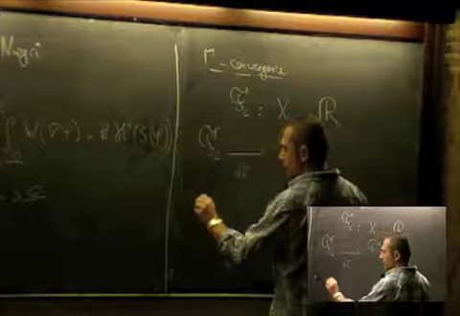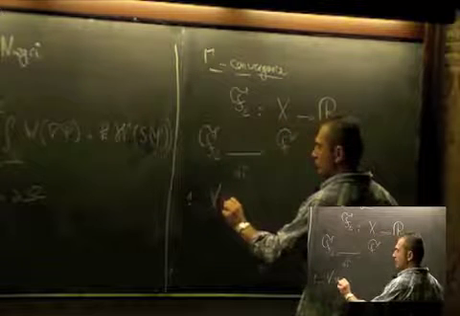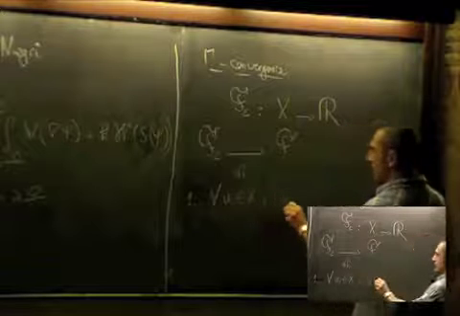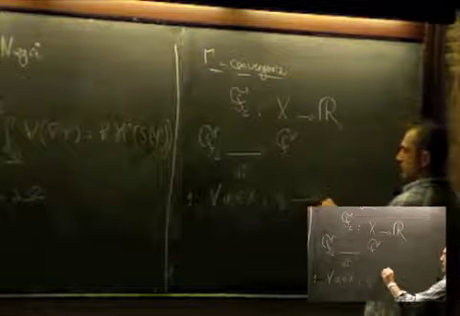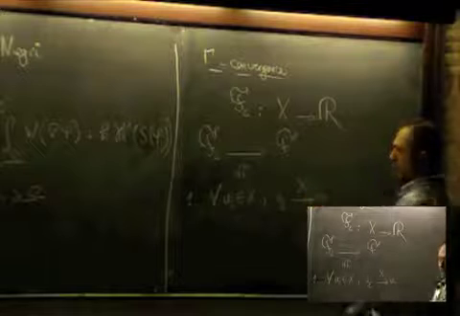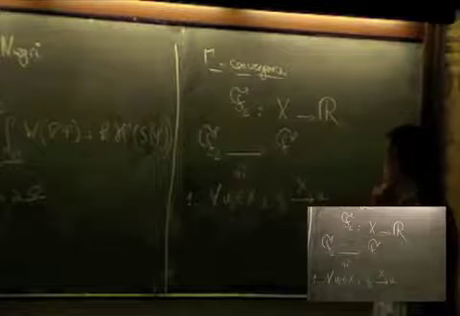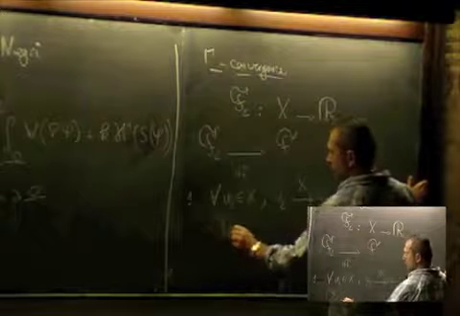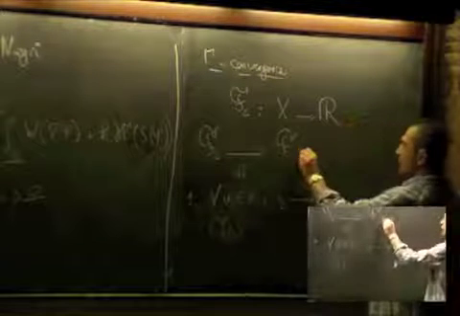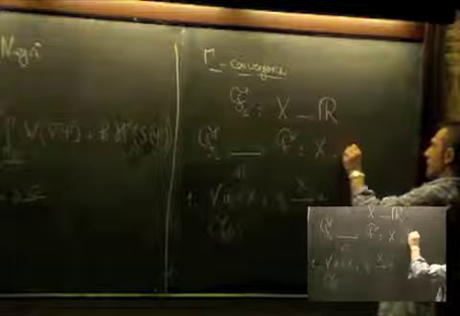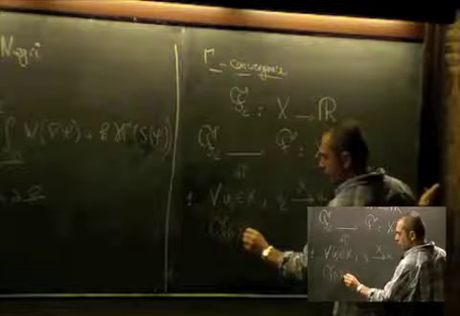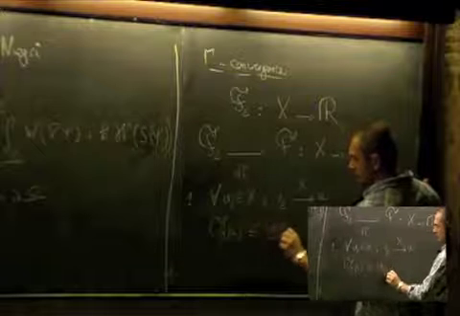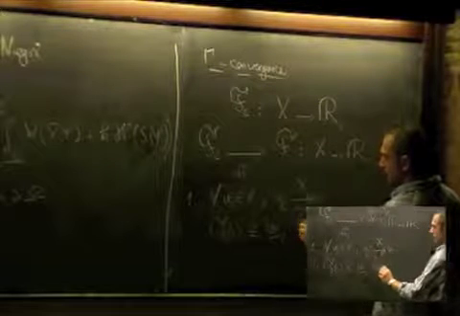One, for every sequence U epsilon in X which converges in that topology to a U in X, f of U, which is also a functional from X to R, is less than or equal to the limit in epsilon of f epsilon of U epsilon.